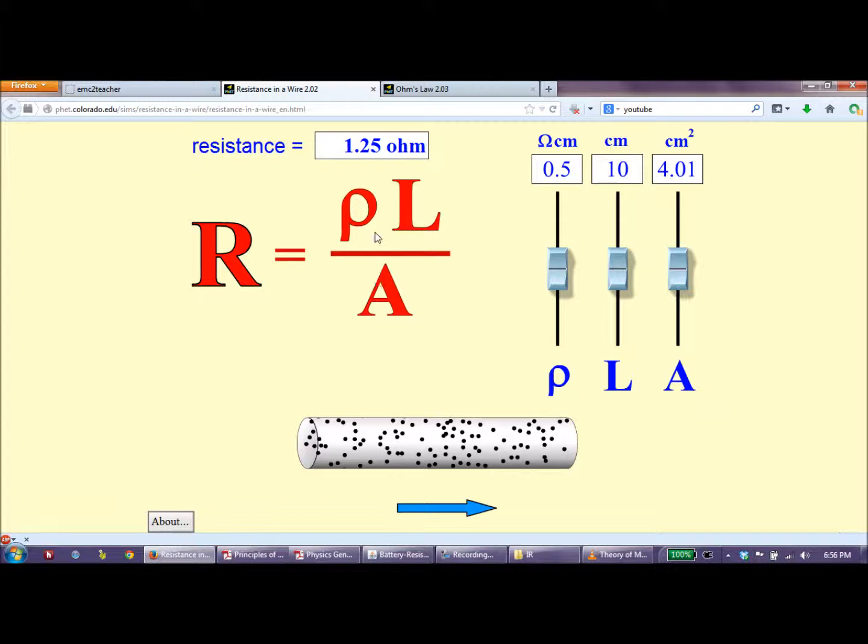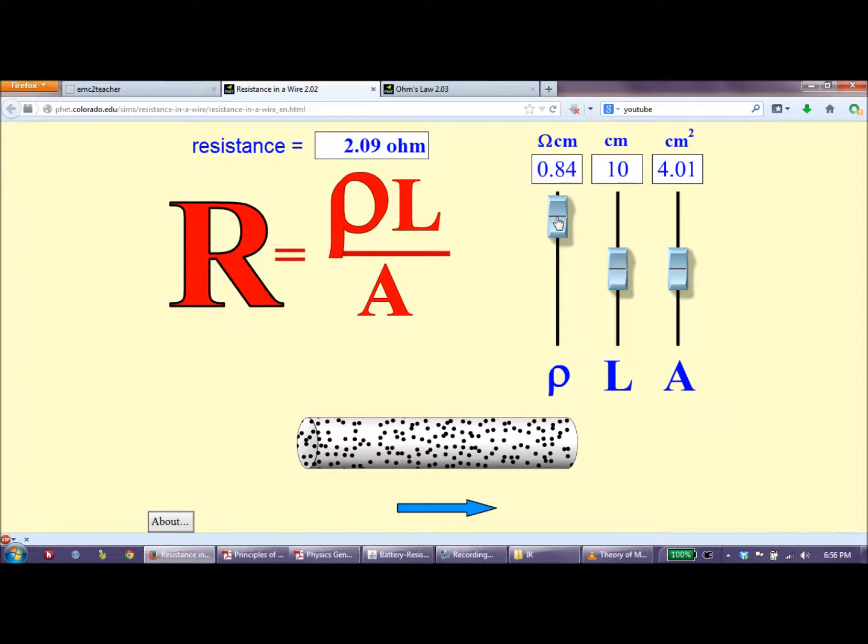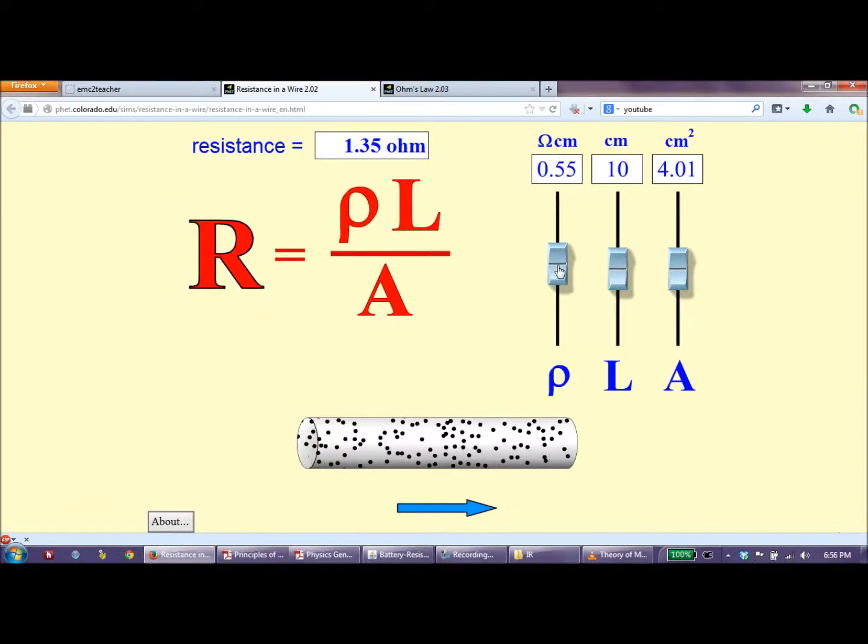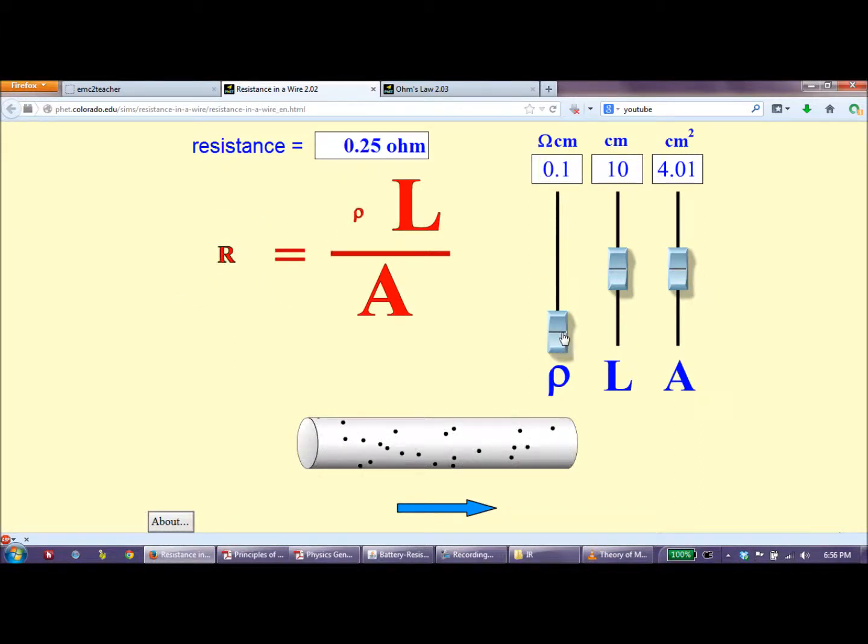The resistance is created by that resistivity, which is rho here, the length of the conductor, L, and the cross-sectional area, which is the circular area here in our simulation. So if I increase the resistivity, I increase the resistance of the wire. You can see that direct relationship. And that is actually physically changing the material.